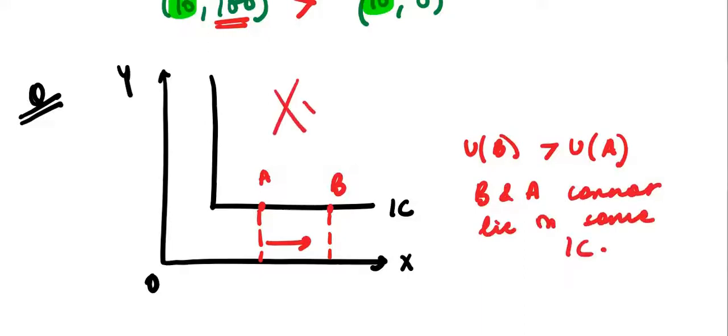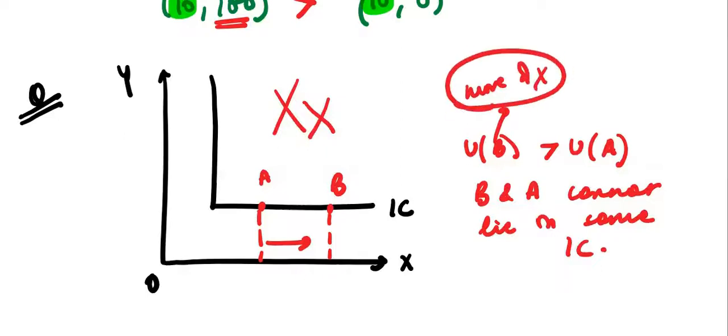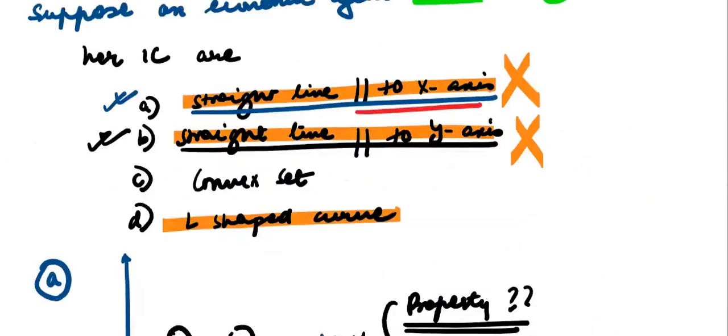So this is automatically wrong. B has more of X than A, and whichever bundle has more X should be preferred. So this answer is also wrong.